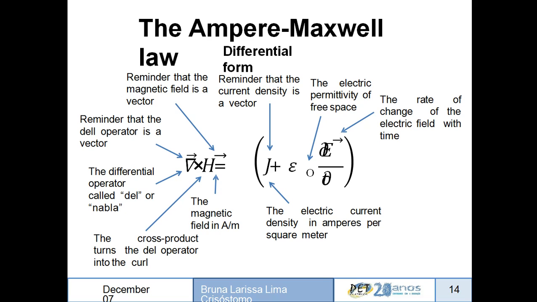So this is the differential form and that is the integral form, and using the differential form we can get a point solution of any medium. If the medium is continuous, we use the differential form equations. The integral form can be used in a discontinuous medium, meaning the medium is not homogeneous, the parameters are different, and the values of the electric field and magnetic flux density are different at different points of a free space.